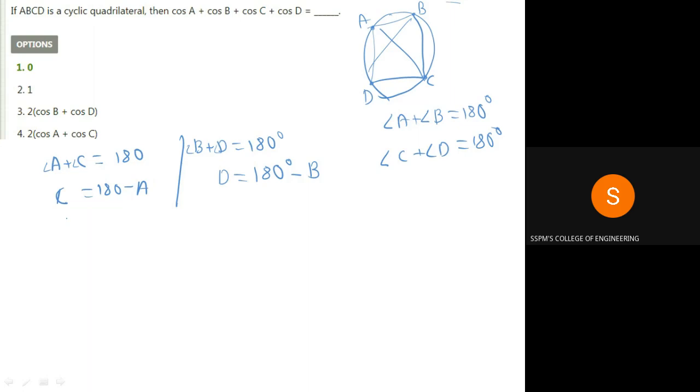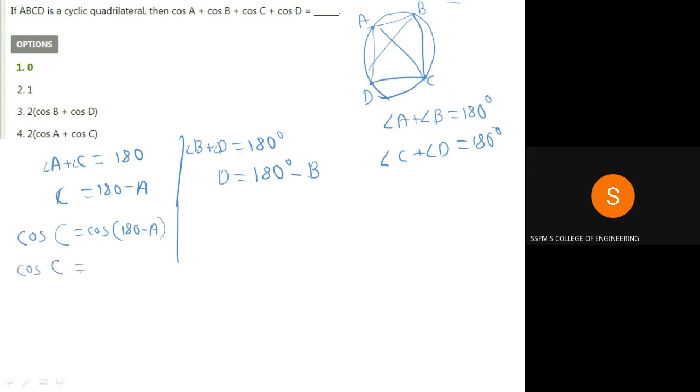So what is cos C? If we follow this, C is equal to 180 minus A. So cos of C is equal to cos of 180 minus A, if you take cosine on both sides. And what is cos of 180 minus A?